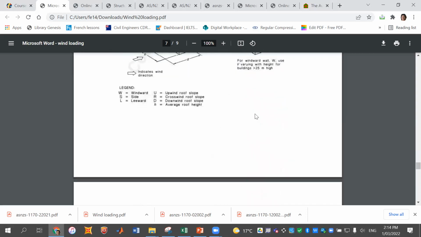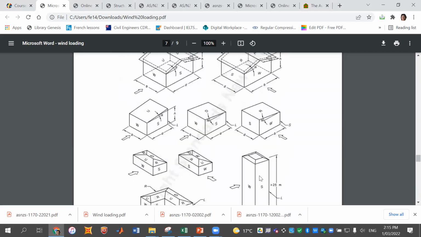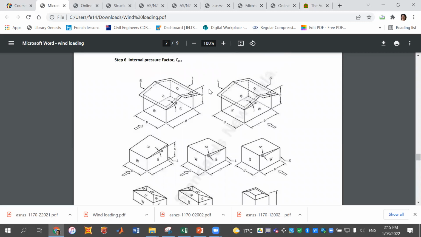So here, W stands for windward wall, S side wall, L leeward wall, U upwind slope, R is crosswind roof slope, D is downwind roof slope, and H is the average roof height. Again, it shows here what I told you.